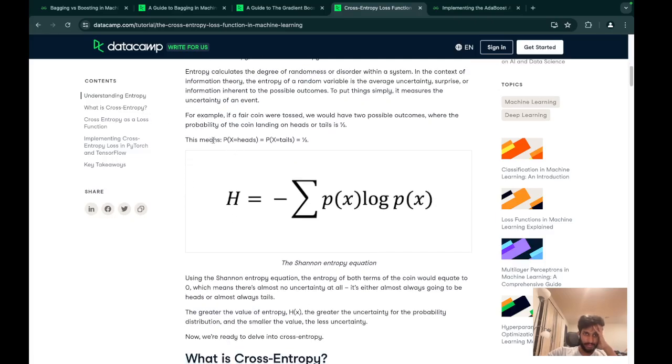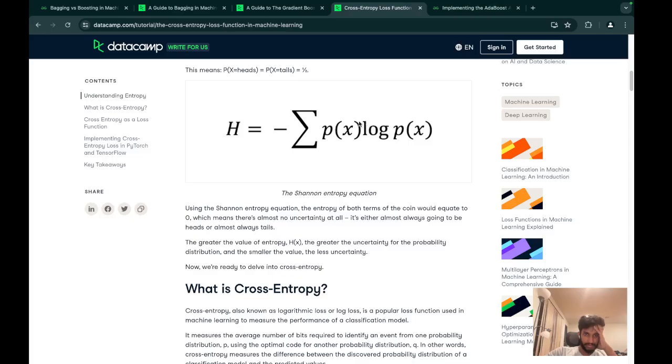Anyway, if a coin were tossed, it would have two possible outcomes, where the probability of the coin landing on heads or tails is half. H is the negative sum of P log P. Okay, this is like the log likelihood, right?